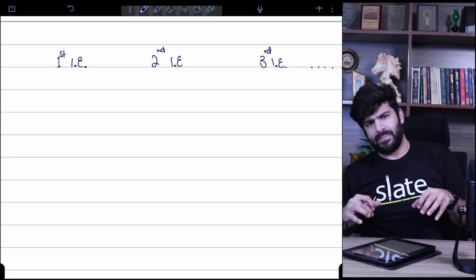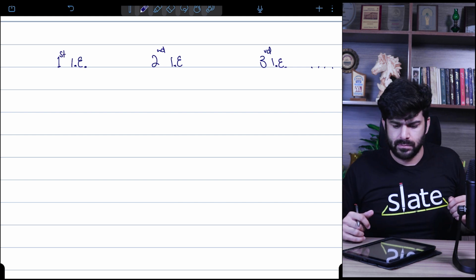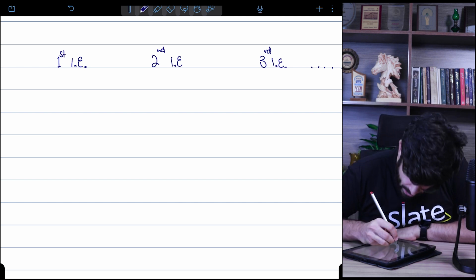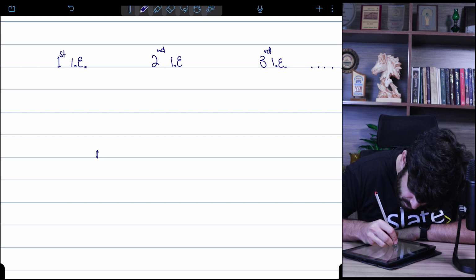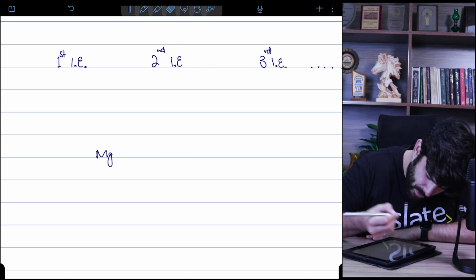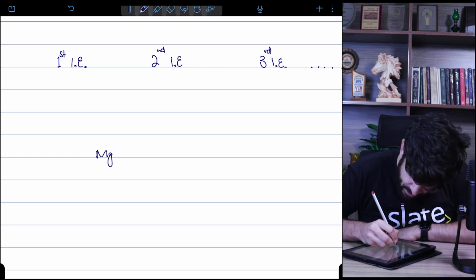Before we understand the concept, let's take magnesium here. Magnesium is normally +2, but we can make it as much as we want.